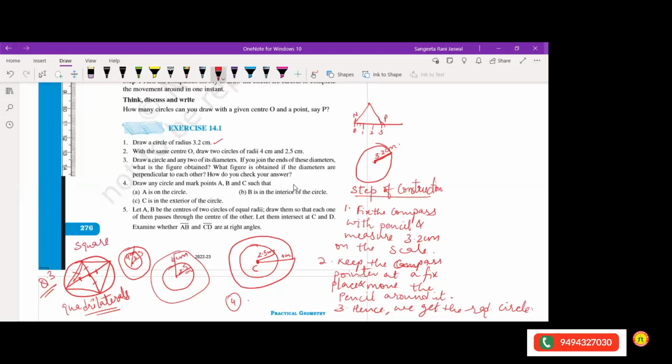And you can even check with your pencil and scale whether these line measurements are coming out equal. You can check.